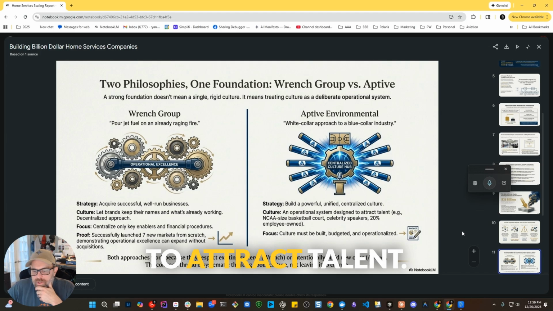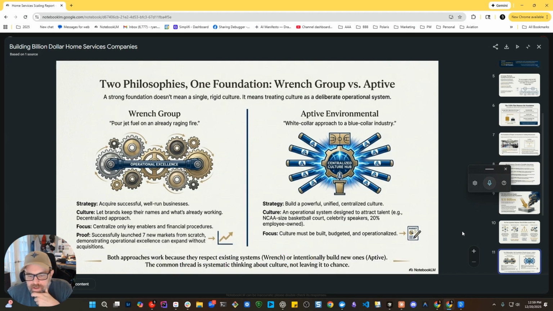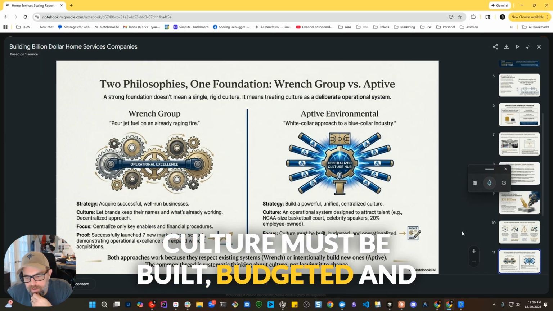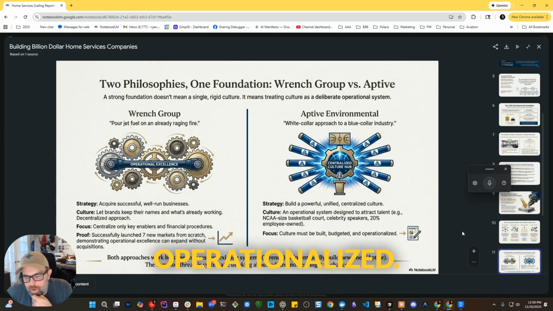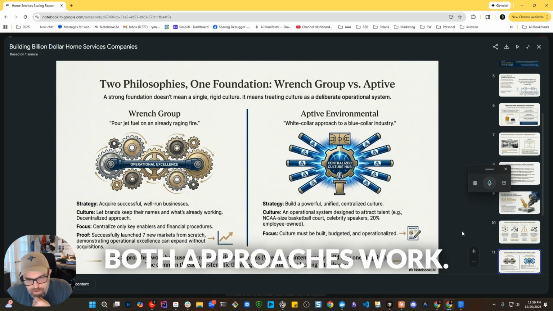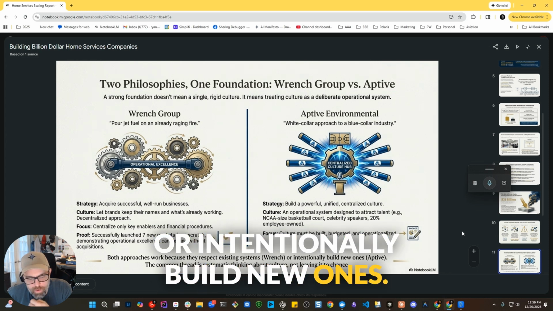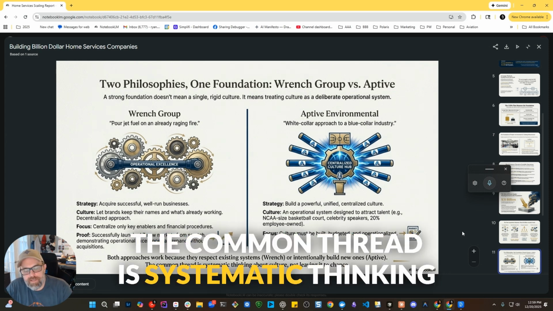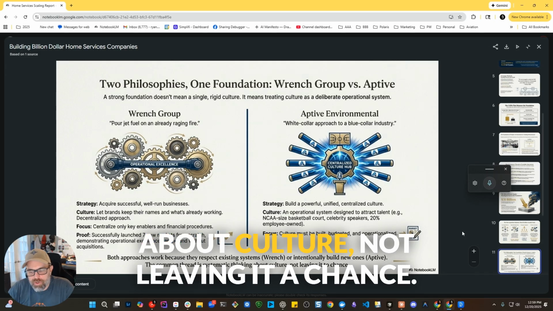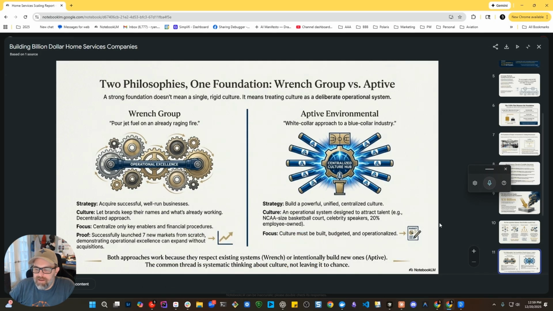Operational system designed to attract talent. Culture must be built, budgeted, and operationalized. All right, both approaches work. They respect existing systems or intentionally build new ones. The common thread is systematic thinking about culture, not leaving it to chance. Beautiful.